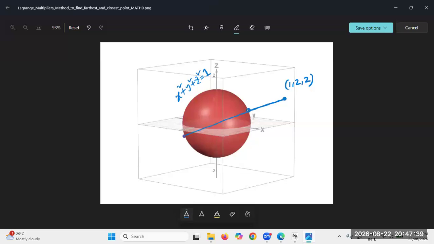So we need to find the coordinates of the closest point, and also the coordinates of the farthest point to the given point 1, 2, 2. So in this case, our restriction, our constraint, is this one. We need to find the points on the sphere which are closest to our given point or farthest from it.